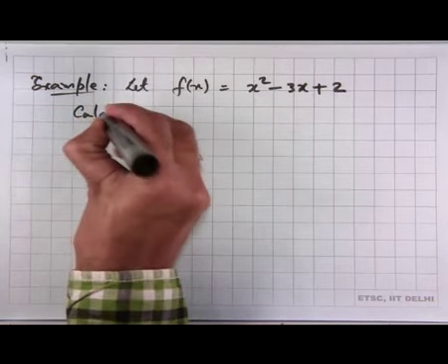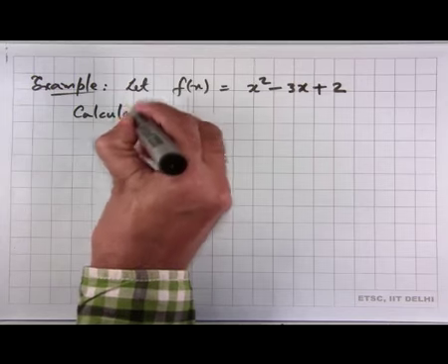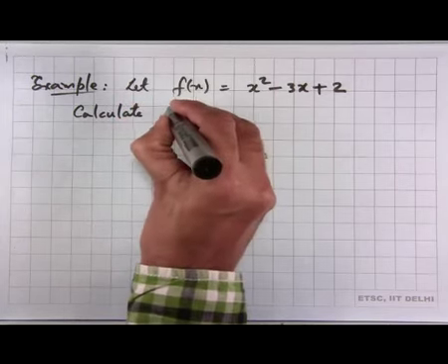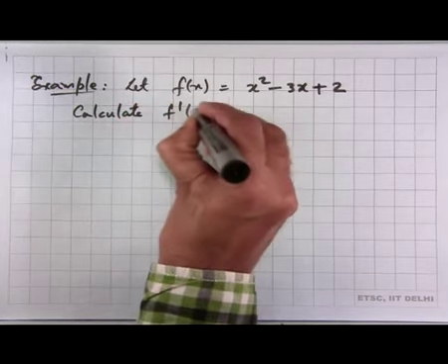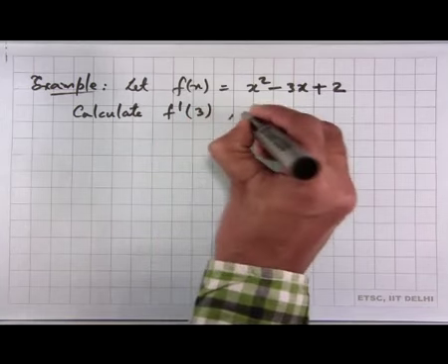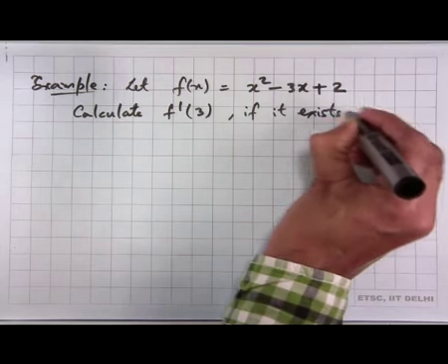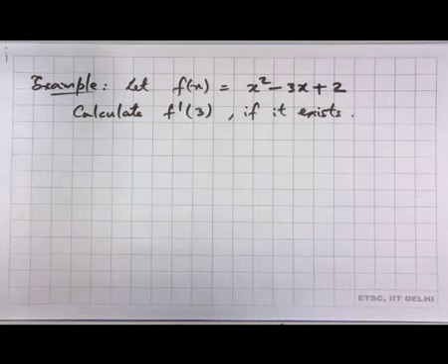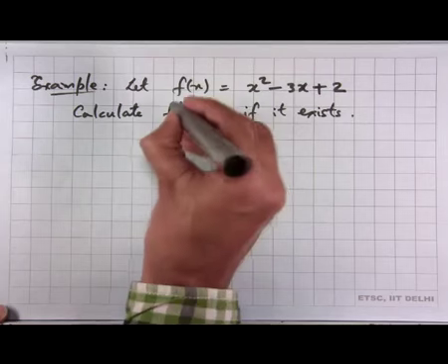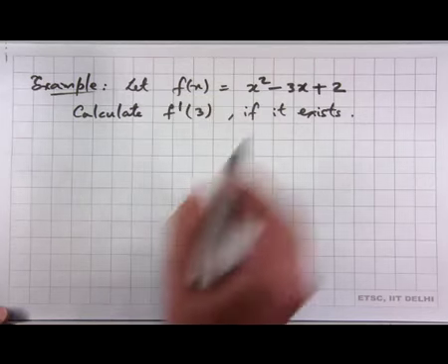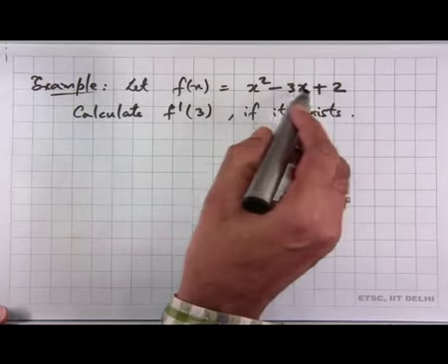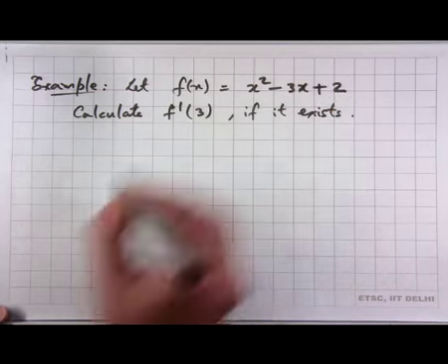Calculate f prime at 3 if it exists. So, what we know is that we know the derivative of x square, derivative of x and derivative of constant.